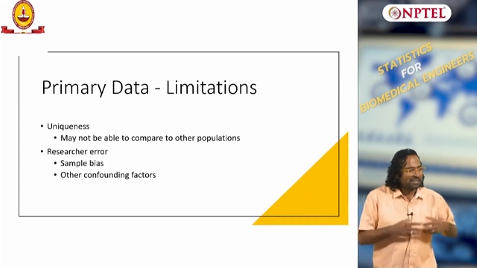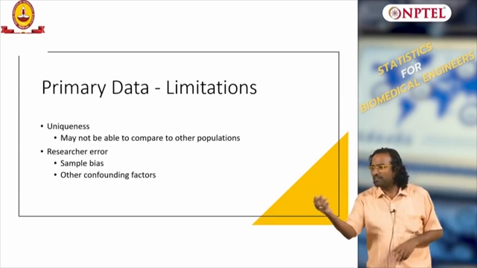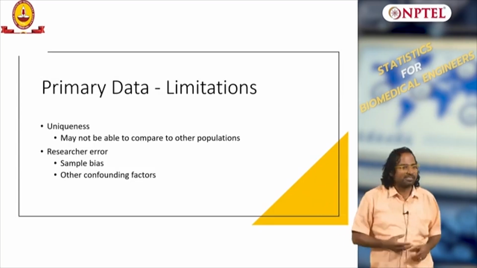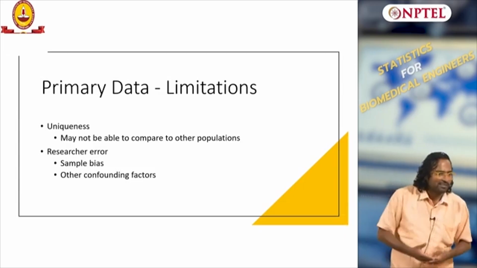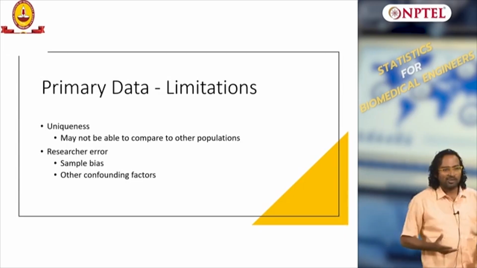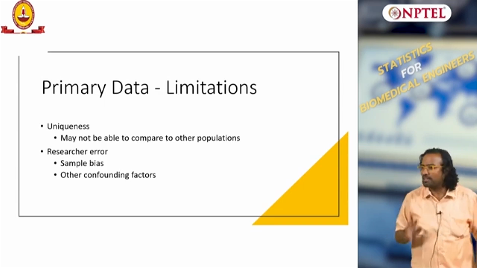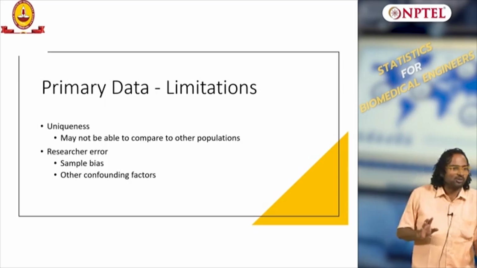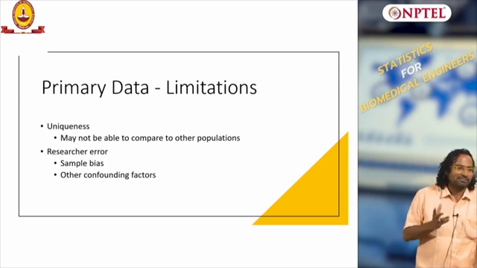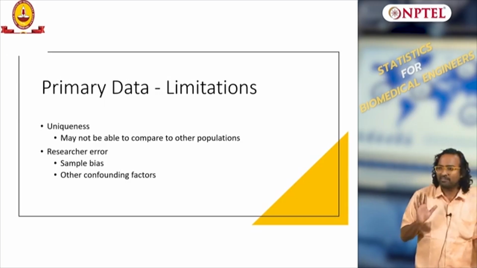Because that data set is very useful for animation companies to create different characters with different styles, adding more reality to the animations. So you can see the value of primary data: just walking data sold for 100 million.